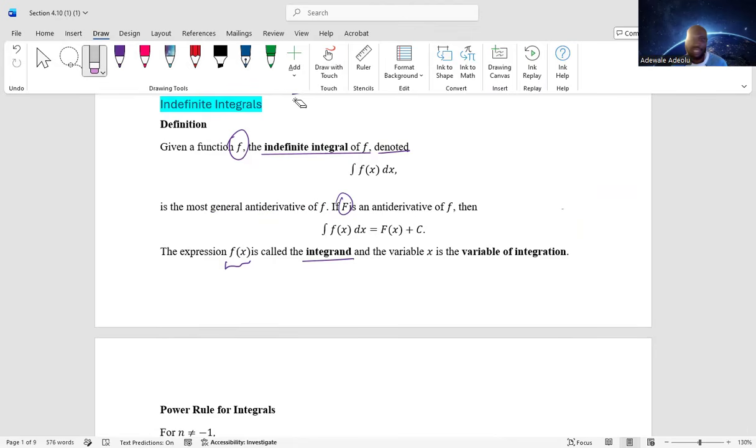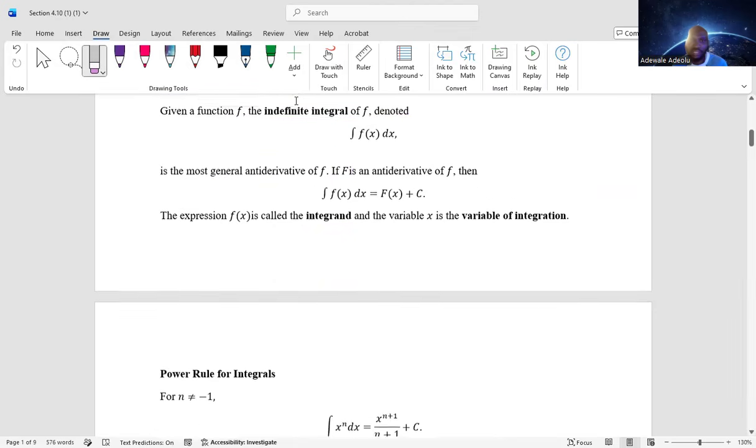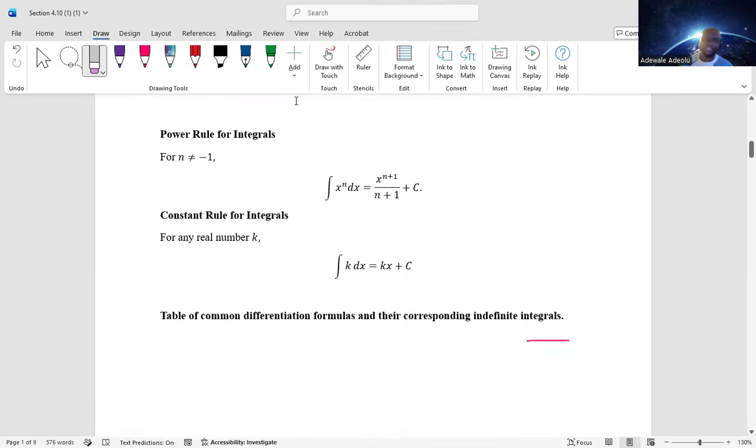Now we have learned some definitions and some notations. Let us learn some rules. There is a power rule for integrals. We want to be careful that our n in this case is not equal to -1.